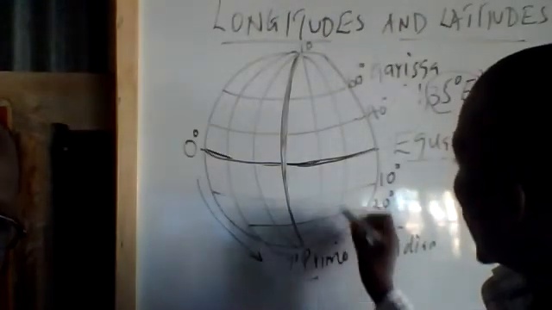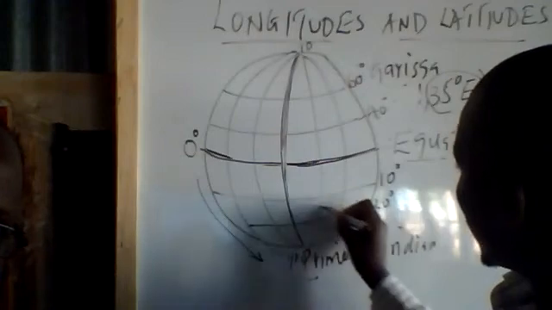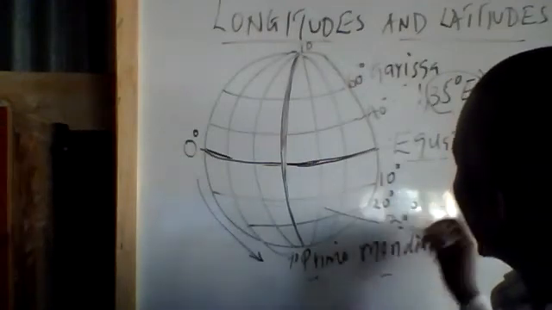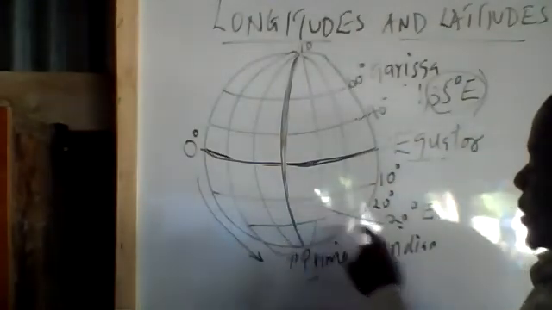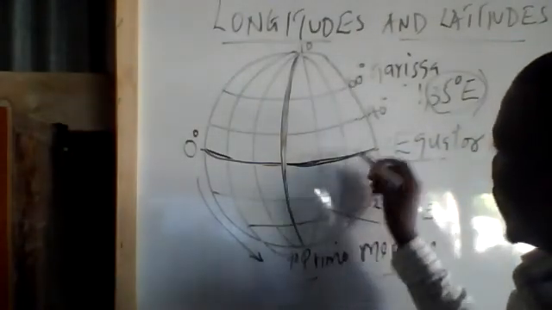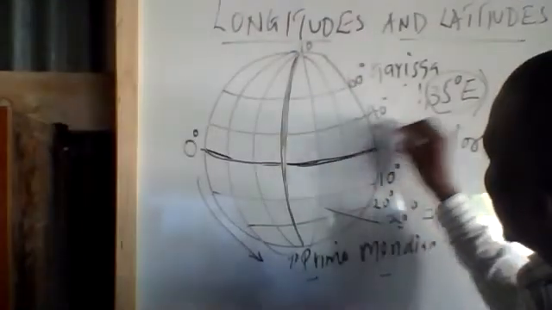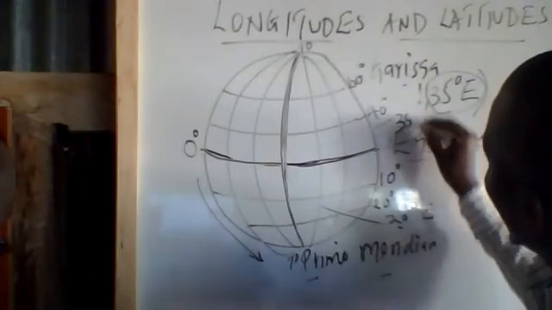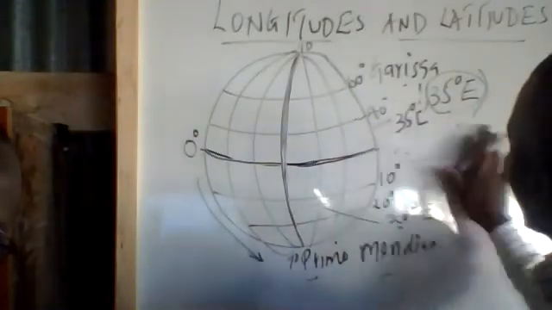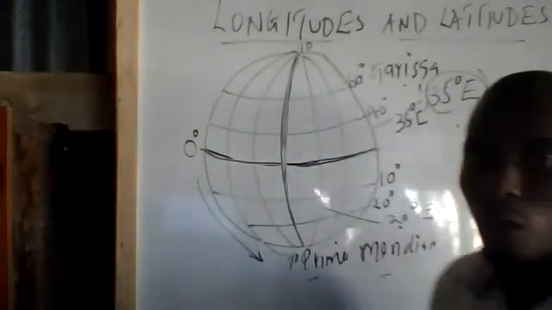For example, let me call this particular line 20 degrees east. The following one, inafuata, niite 35 degrees east. Now, where will be our Garissa?